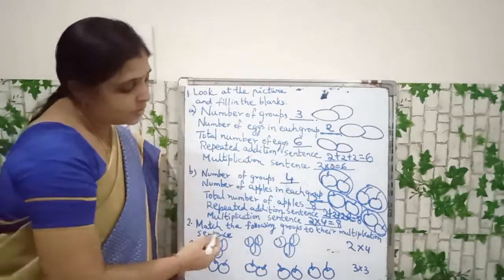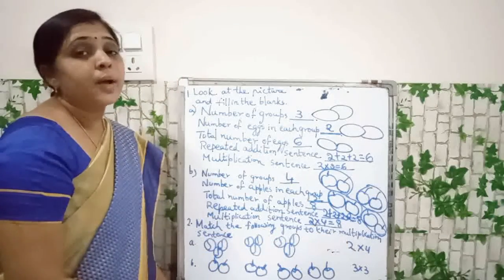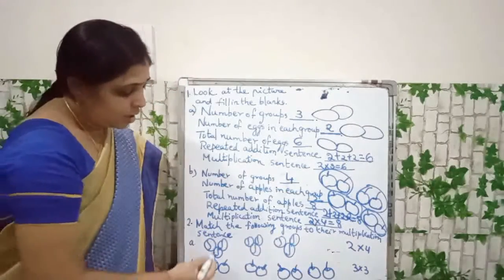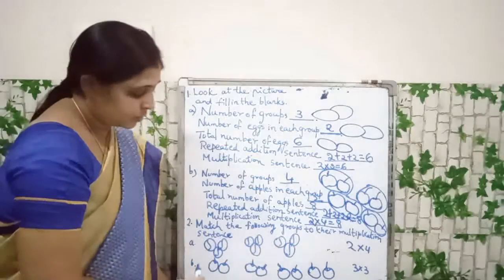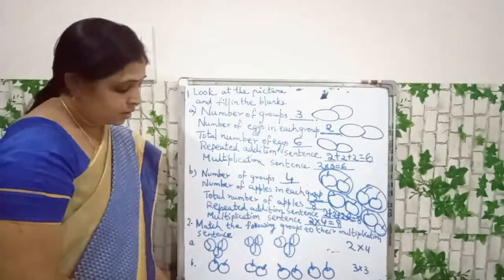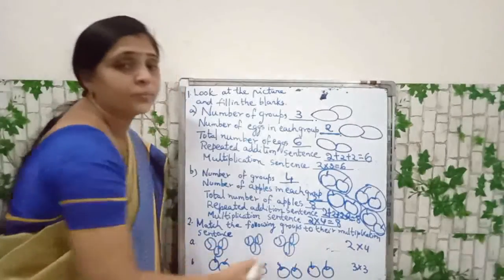Now see, match the following groups to their multiplication. Okay? How many groups are here, children? 1, 2, 3 groups. Yes? Here how many groups are there? 1, 2, 3, 4.